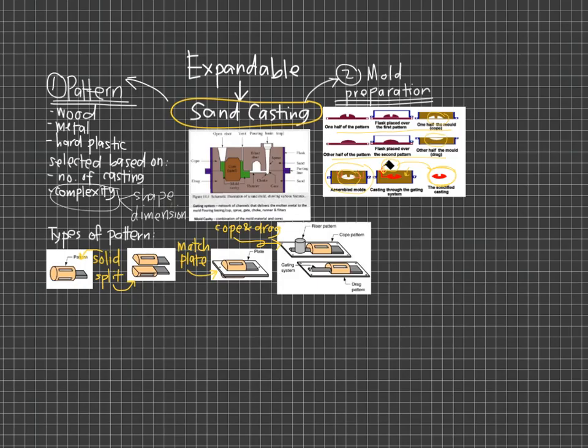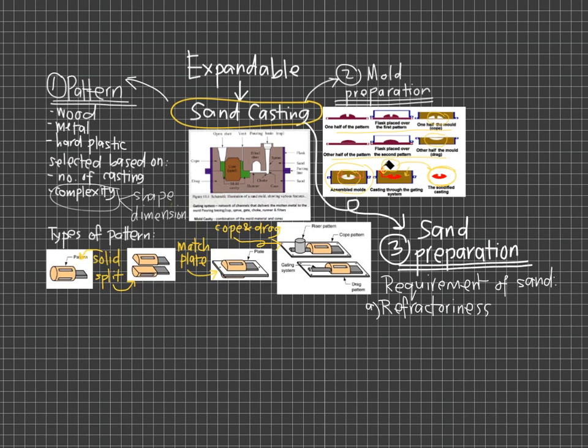So now we're going to focus on the third part of the sand casting process, which is sand preparation. There are four requirements of sand used in the casting process. First is refractoriness, which is the ability to withstand higher temperature.